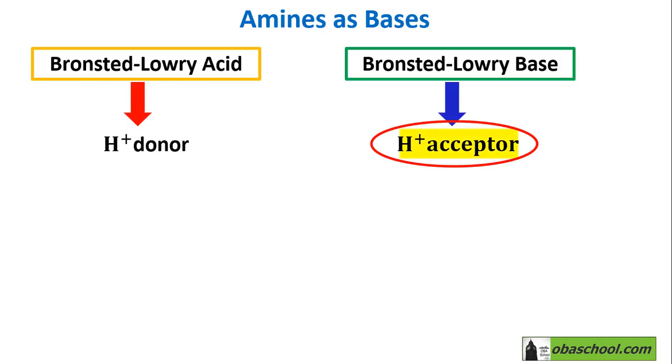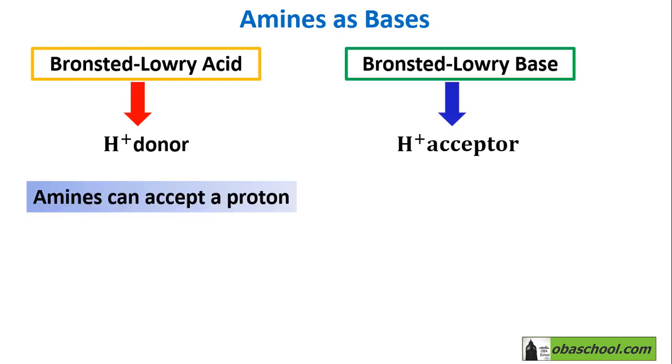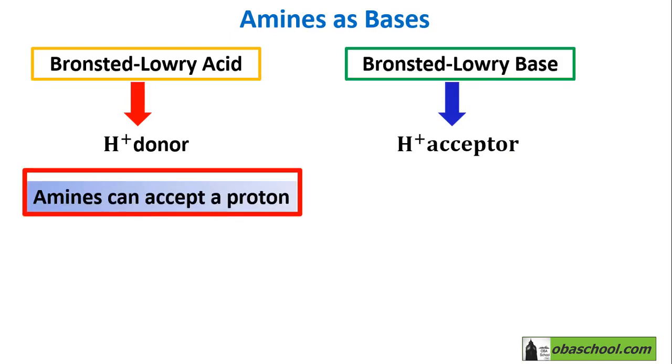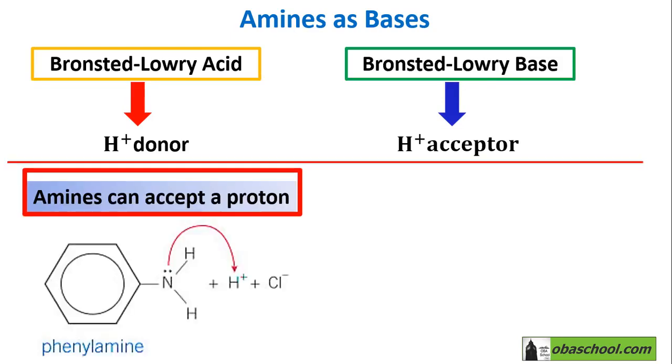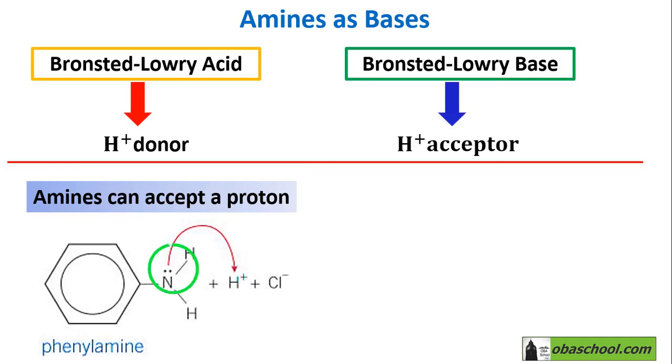And amines, as we have seen in the previous section, can accept a proton, like you see here in phenylamine. The lone pair found on the nitrogen of the phenylamine attracts the proton of the acid. So whenever an amine is accepting a proton, we can call it a Bronsted-Lowry base.